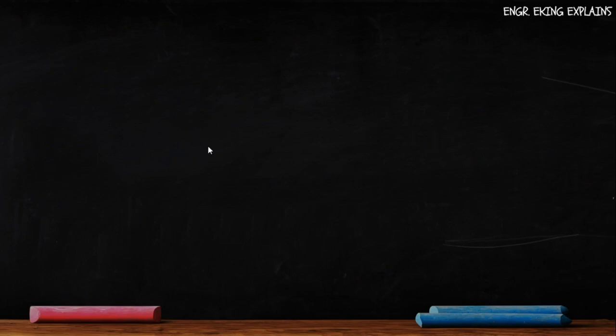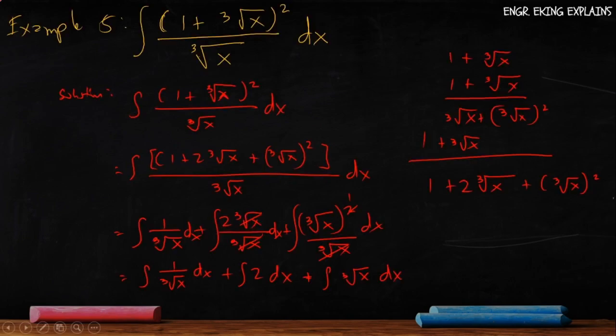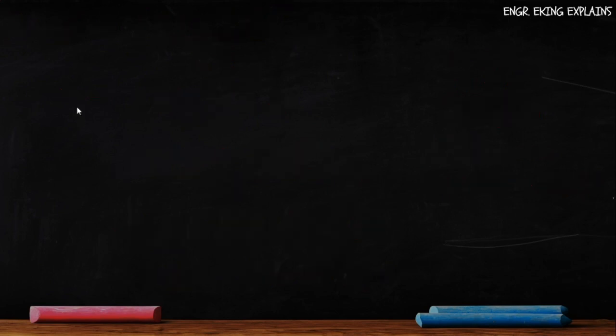Okay, so what we are left with is the integral of... we just transform our radical into exponential form. So this is 1/3 dx. So we will have the integral of dx over x raised to the power of 1/3.